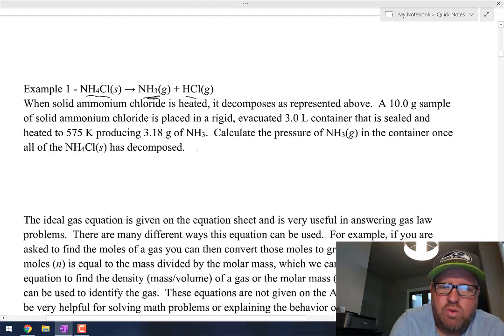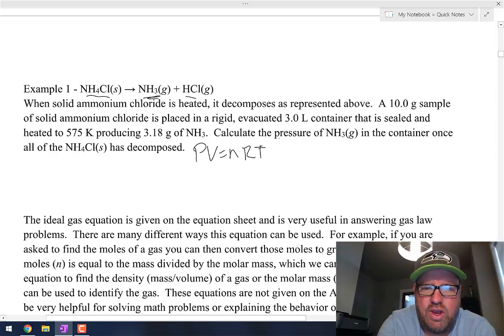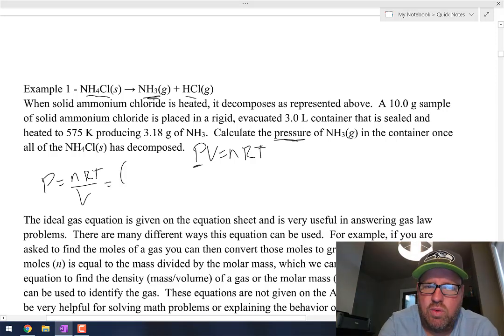So we know we're going to start with PV equals nRT. We're then going to take that equation, and they want us to solve for the pressure, so we've got to find P. That means we've got to get P by itself, so P is going to equal nRT over V. N is the moles, so we have 3.18 grams of ammonia. Now watch how I do this.